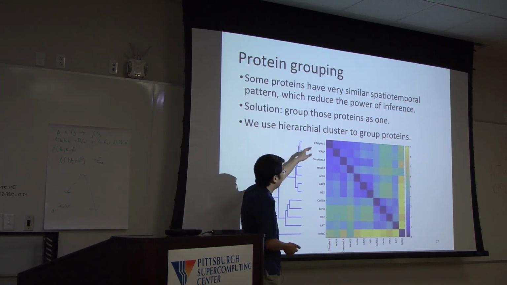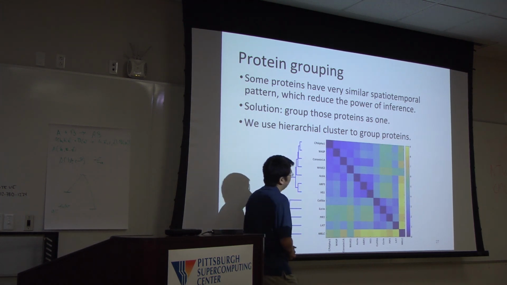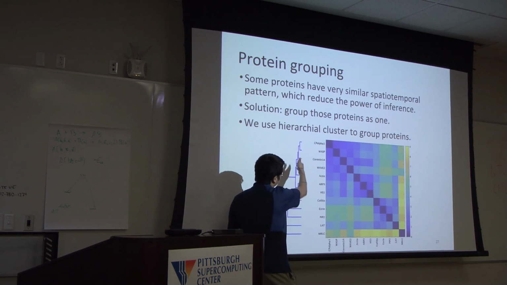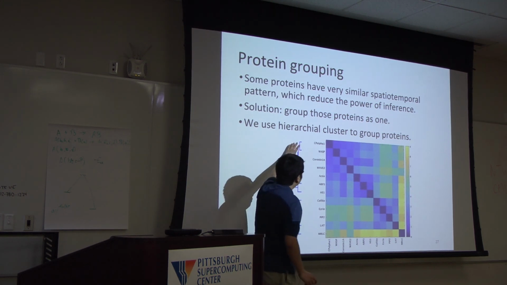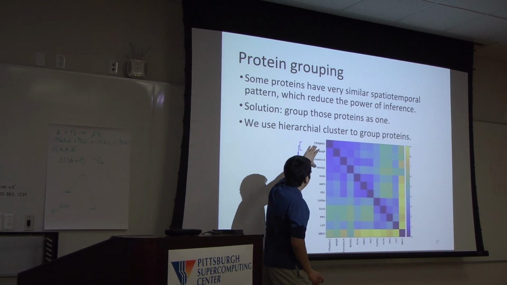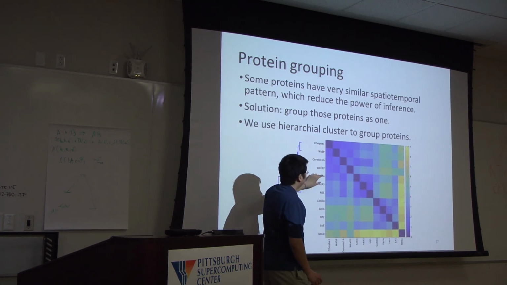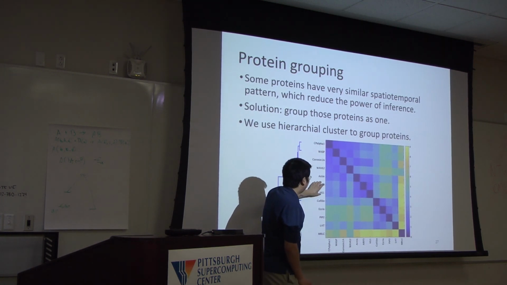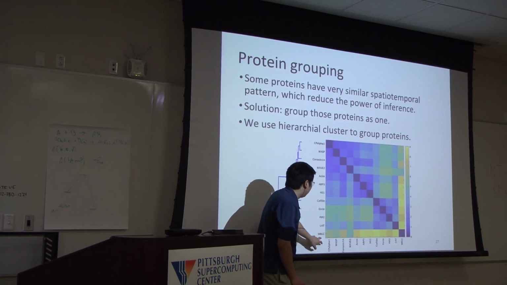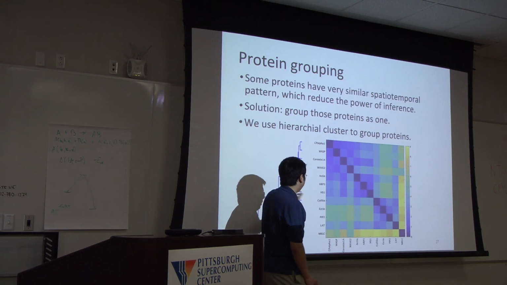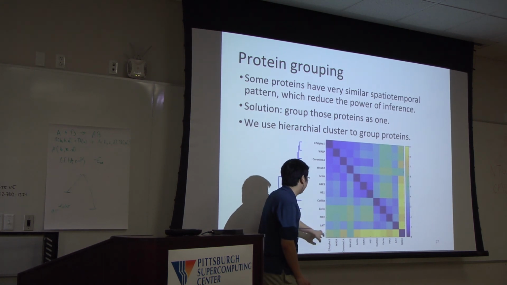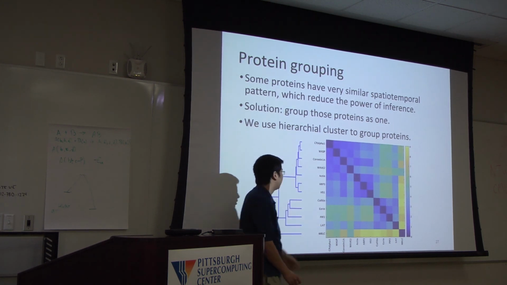So we can see some proteins, their patterns are quite similar. And here we do a cutoff. So we group these 4 proteins as one group, this actin another one, ARP3 and H1 as a third group. And for the last 5 proteins, because their patterns are quite different, we use them as single groups.